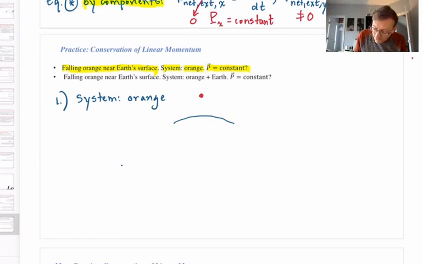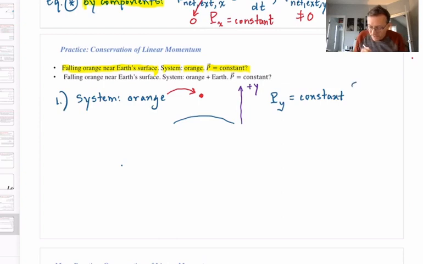Okay? There's the system, that thing. Let's even go ahead and take a y-axis here, going like that, so that we know we're going to focus on y components here. Is the y momentum of this system equal to a constant? That's another way to ask, is the y momentum of that system conserved?